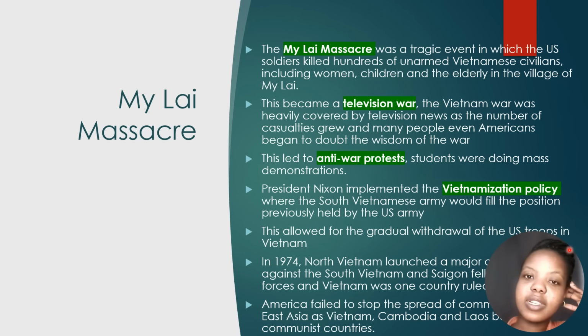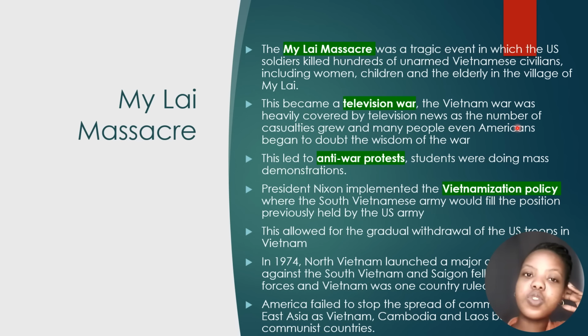This event made it to the news. That is why it is referred to as the television war, because the Vietnam War was heavily covered by television news. It was broadcasted on television as the number of casualties grew, and many people, even Americans, began to doubt the wisdom of the war. Meaning that people in America began to doubt the war as well, because people were just being killed.